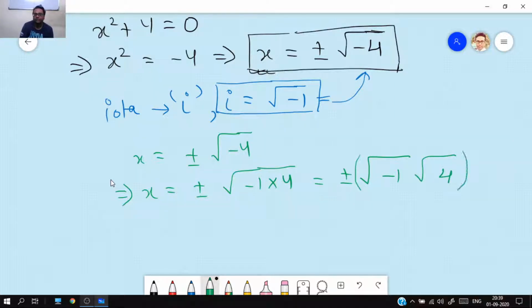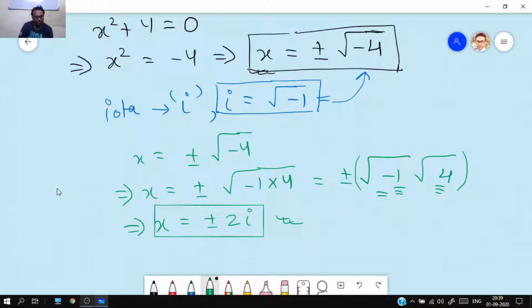Put a bracket. So replacing this under root minus 1 by iota, what will we get? x is equal to plus minus; this 4 under root becomes 2, and this minus 1 under root becomes i. So this is the value of x: plus minus 2i. This is our answer.